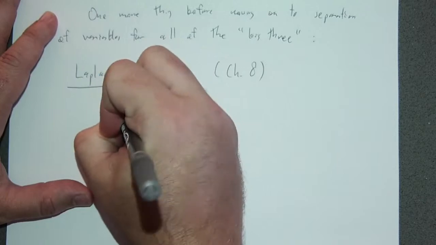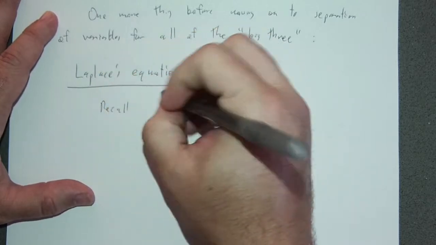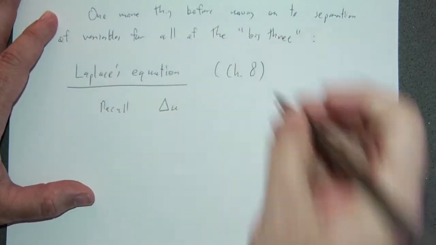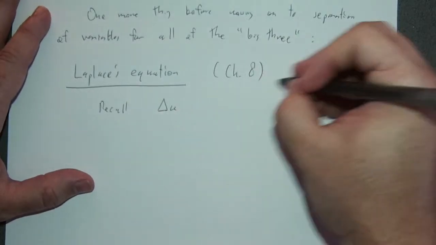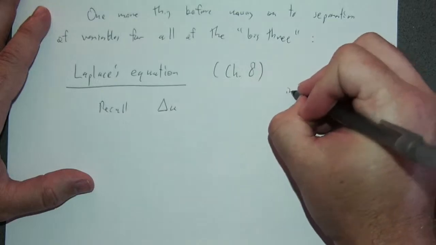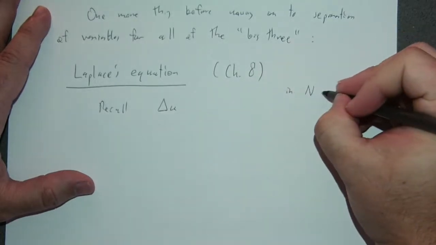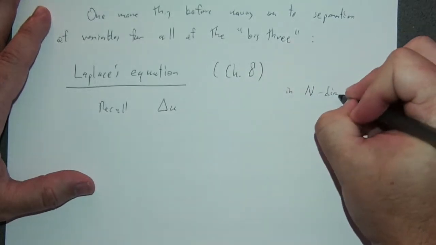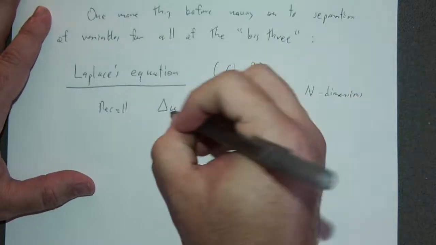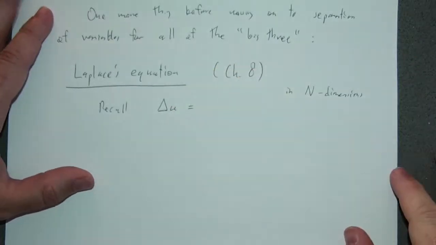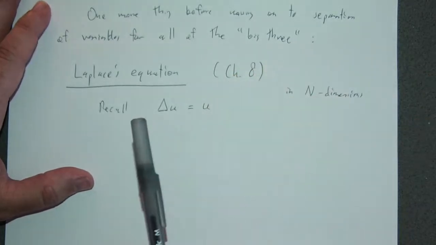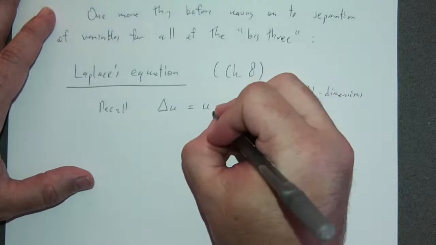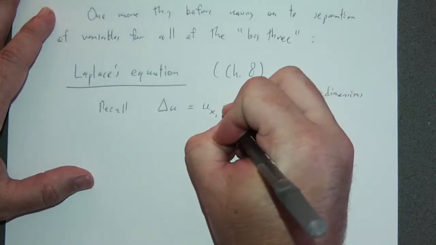Recall that the Laplacian of u in, say, big N dimensions was defined to be the pure second order partial with respect to each of the variables, summed.